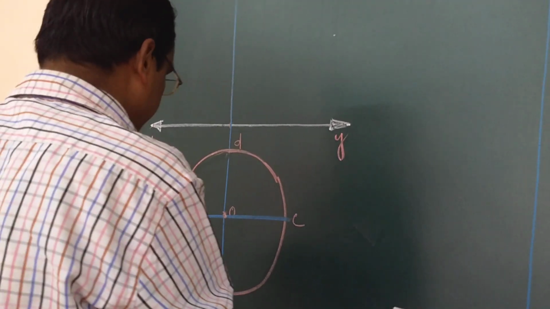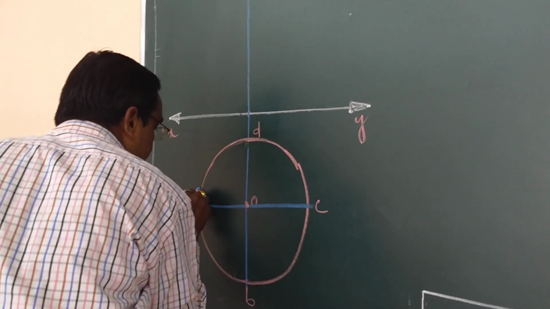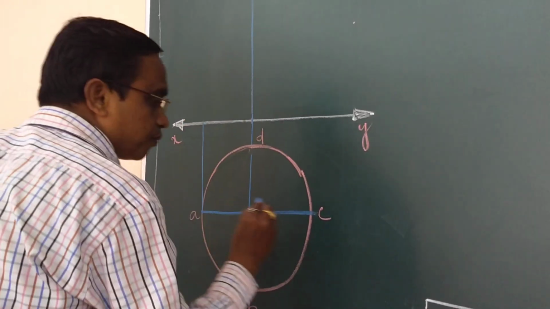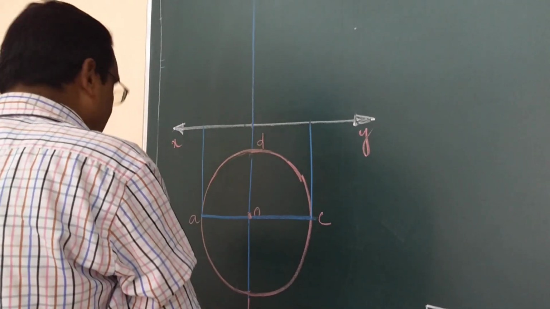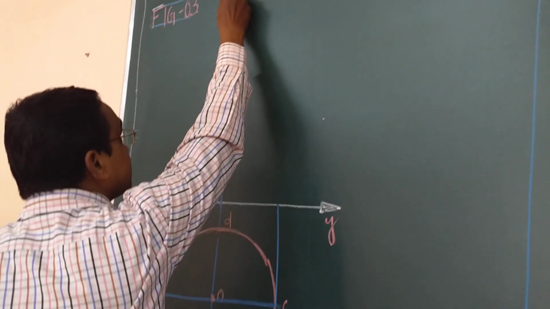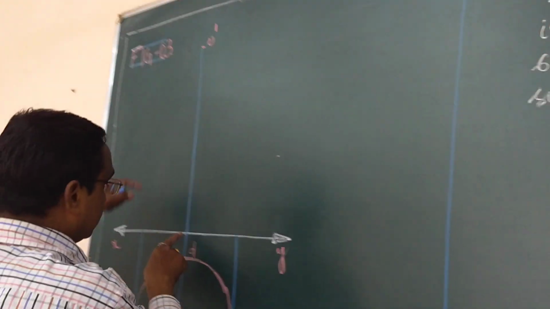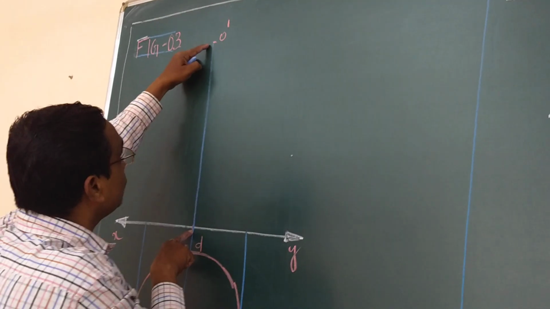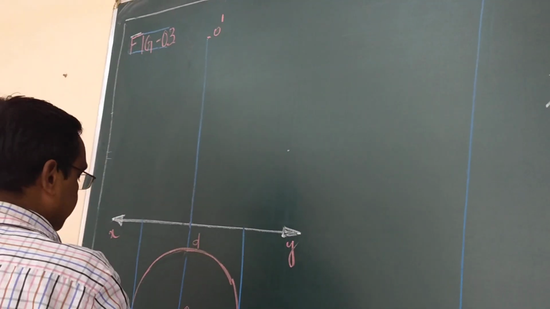Then come to the front view, you draw the projection from point A, from point C, and you mark the point O dash, that is the vertex of the cone. How much? This XY reference line to O dash is 110. And simply you join.